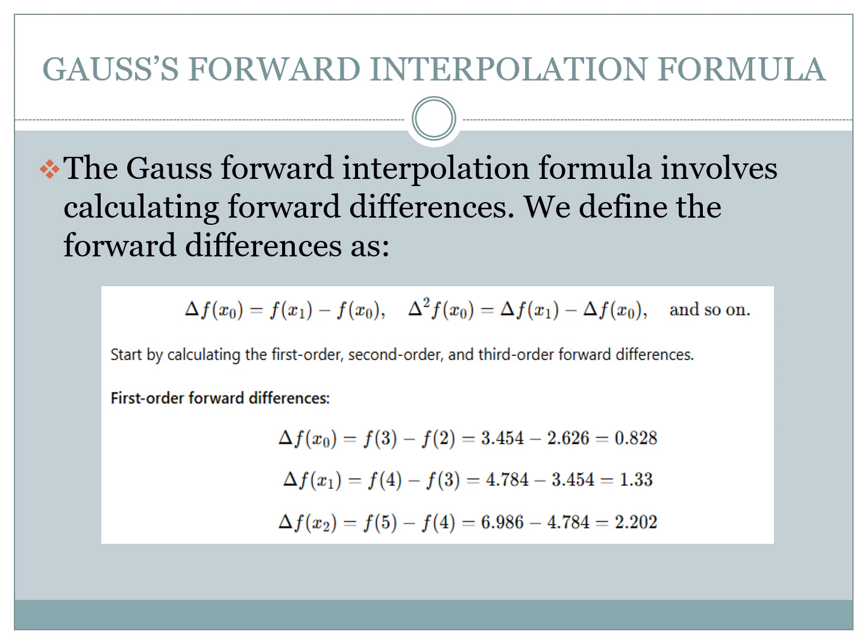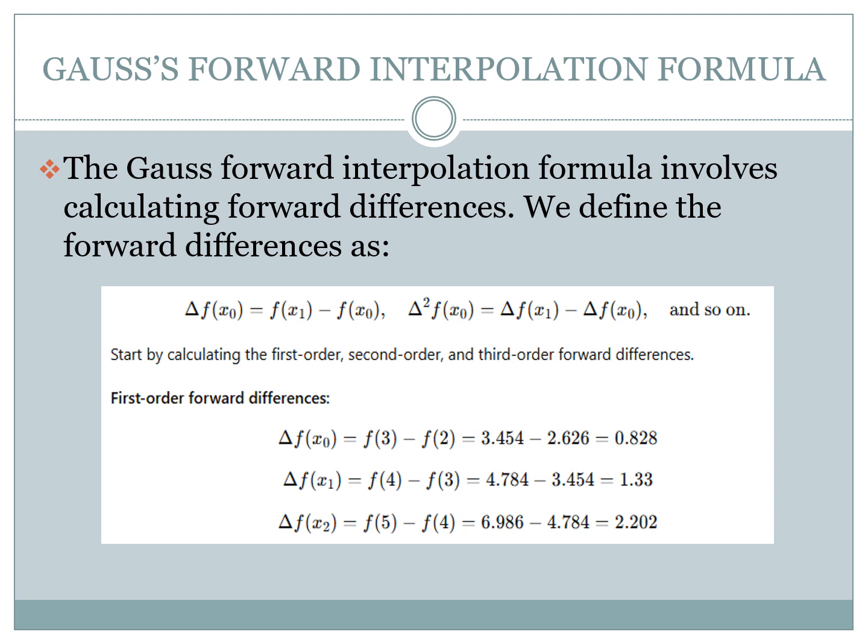That is f of 3 minus f of 2. Here f of 3 value is 3.454 and f of 2 value is 2.626. So the difference between 3.454 and 2.626 is 0.828. So this is the delta f of x0.